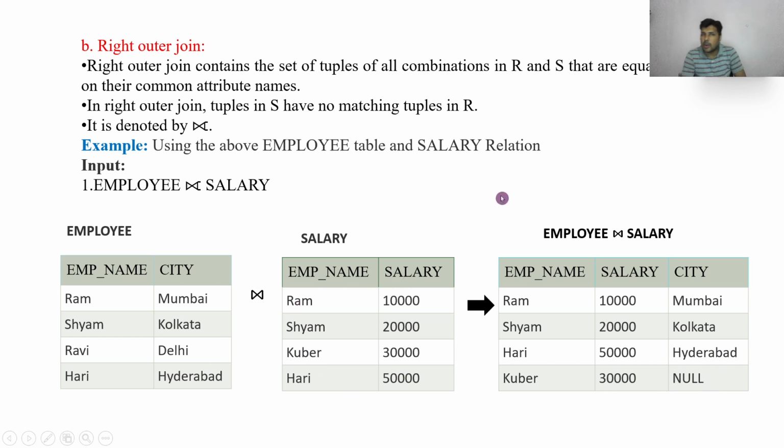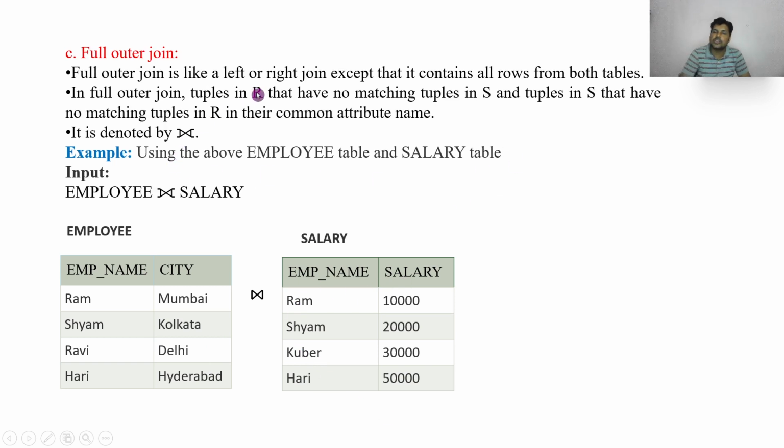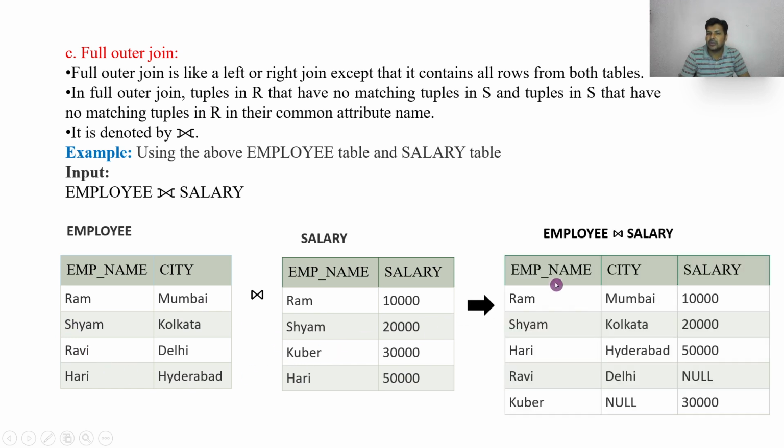Right. So the combination of right and left join is the full join. So what happens in a full join? It contains all rows from both tables. Let us see how it will work. For example, Ravi is not there in the salary table and Kuber is not there in the employee table. But when it shows, it will show Ram, Sham, Hari, Ravi, and Kuber also is mentioned.